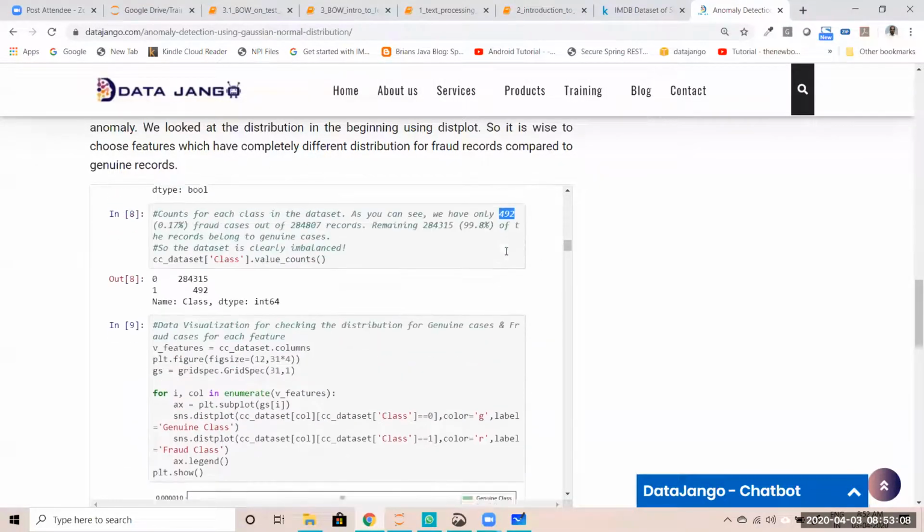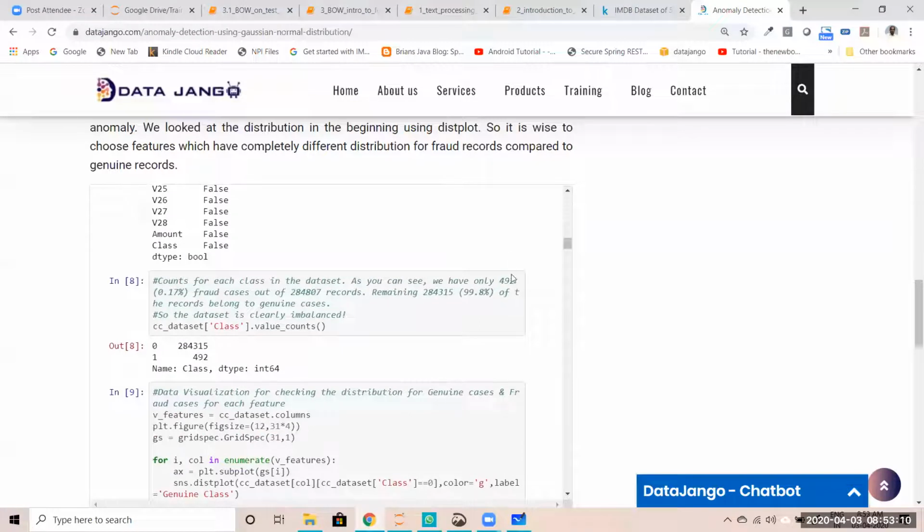The problem with the accuracy measure is, even if you put everything as 0, we are thinking of putting the flag as 0 for 2,84,315 records, even if you put 0 for all those records, for the total data set, you will get 99.8% accuracy.